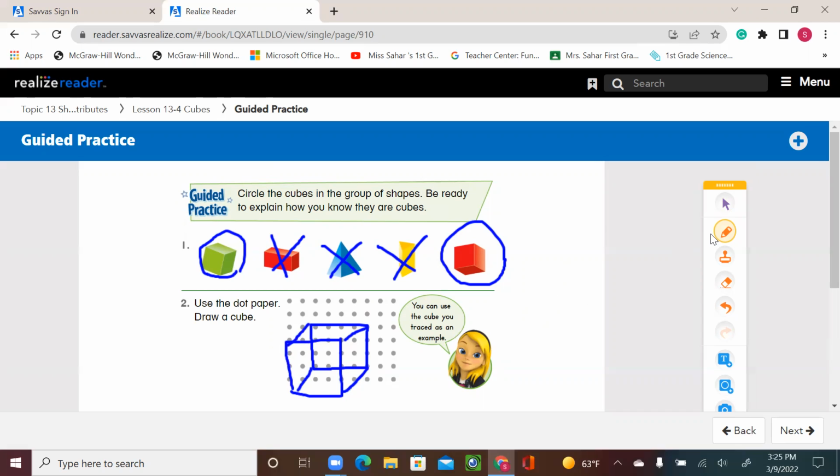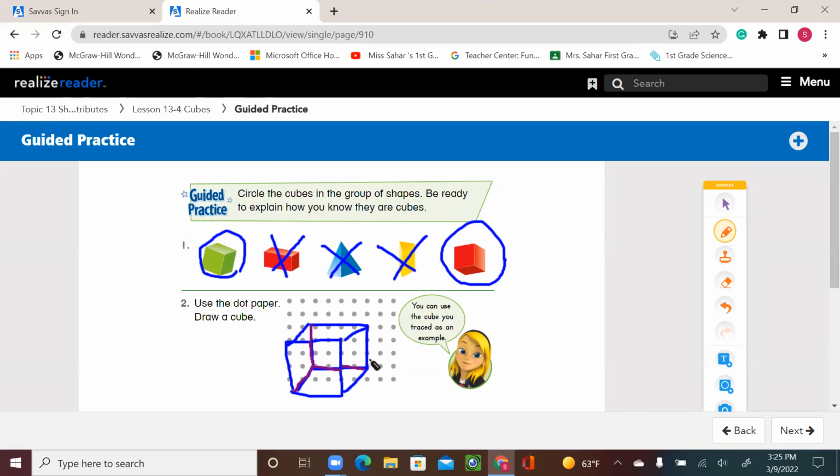And now I have a cube. Let me just go over this part in a different color. All right. Don't worry, you can take your time, try again and have fun.